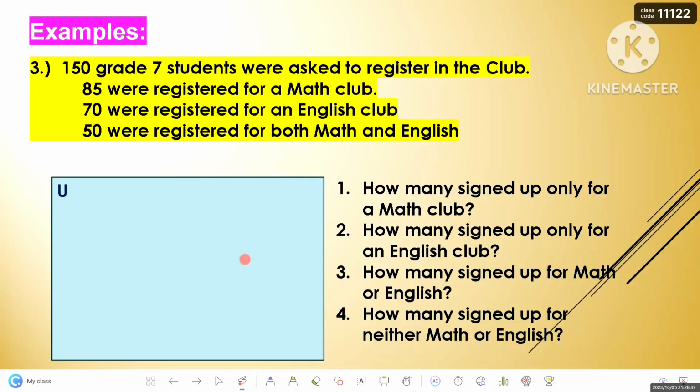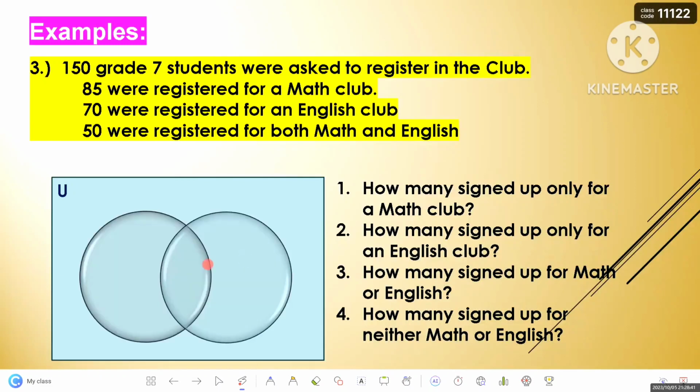Let's use the universal set, Venn diagram. Since we have two clubs, math and English, our sets only two circles. So this is math and this is English. So how do we answer this question using the Venn diagram?